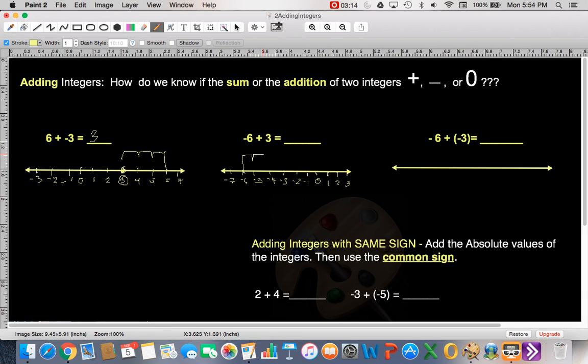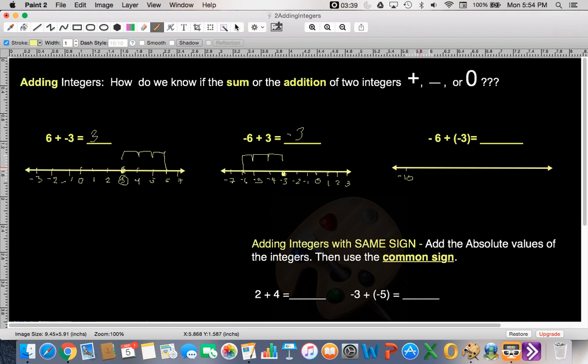1, 2, 3. So your answer is negative 3. Over here, you're adding two negative integers. So let's have a lot of negative numbers here.